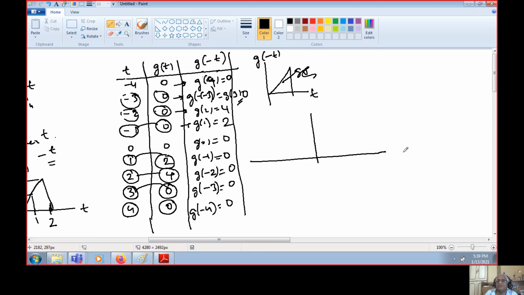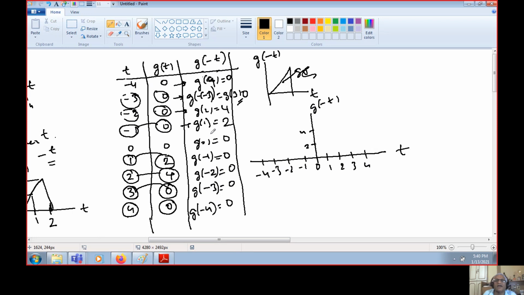This is t, this is g of minus t, this is 0, 1, 2, 3, 4, minus 1, minus 2, minus 3, minus 4. We will call it 2 and 4 because we don't have 1 there. So this is 2 and this is 4.